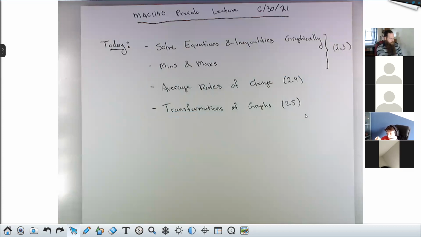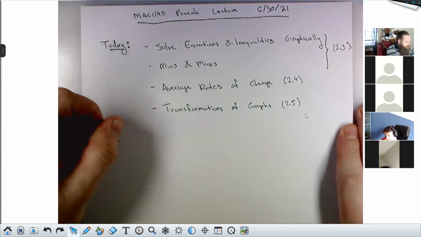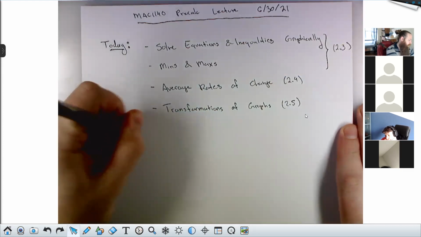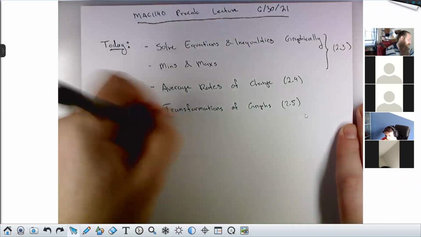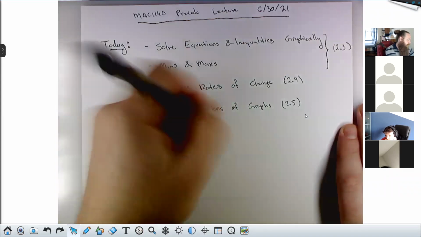All right, so let's get into it. Solving equations and inequalities graphically. Not a terribly hard thing to do. I'm going to abbreviate the word equation as EQN.